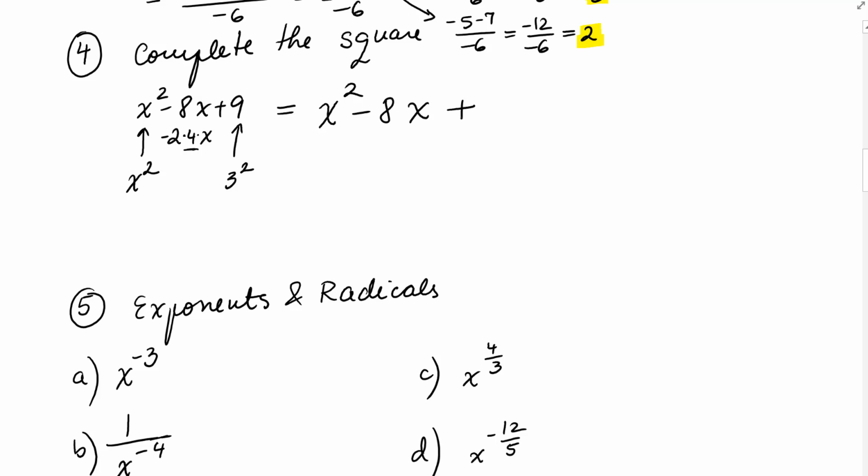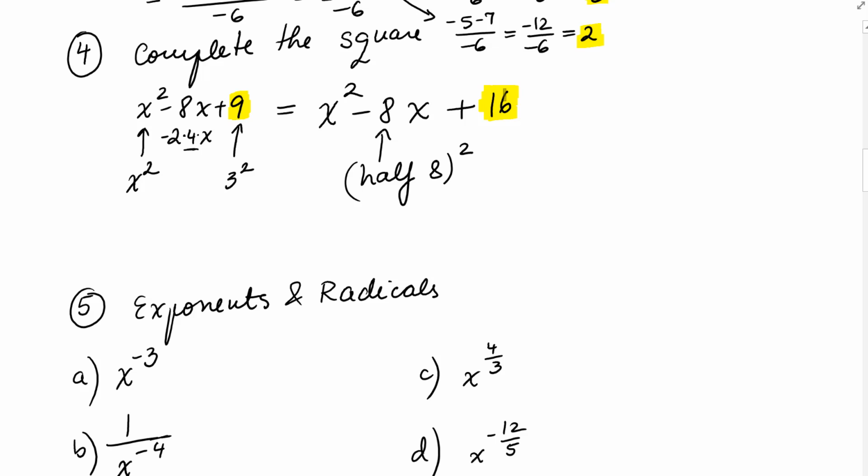And I'm going to add some term which we obtain by taking half of 8, squared. So basically, half of 8 is 4. 4 squared is 16. So if I add 16, this trinomial is going to become a perfect square. But let's not forget, it was 9.